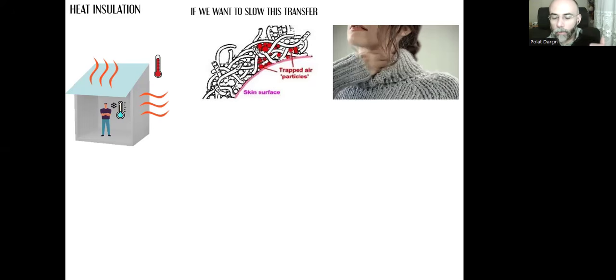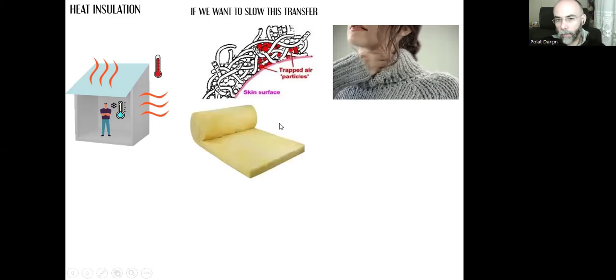That's why we start to feel cold. However, if we cover ourselves with this type of thick wool sweaters or blankets, then all the trapped air inside these fibers will help to slow down the heat transfer process.